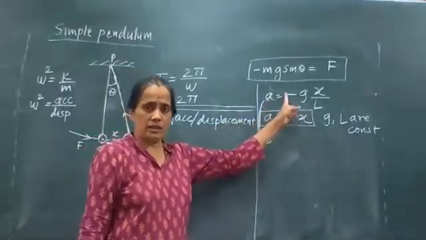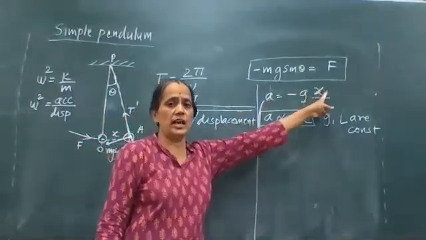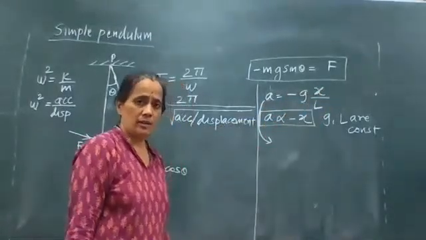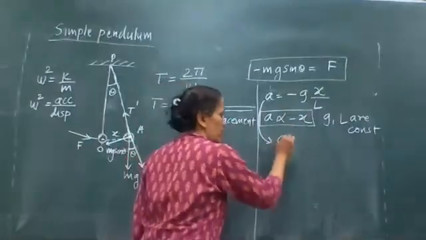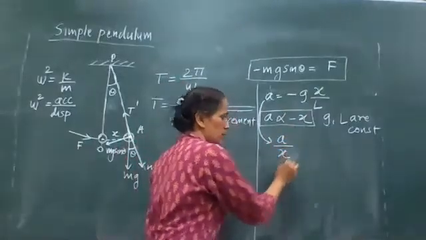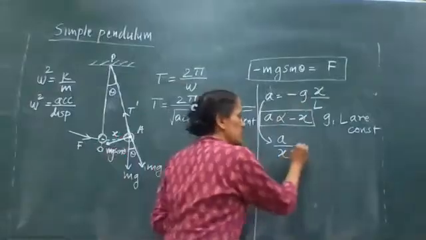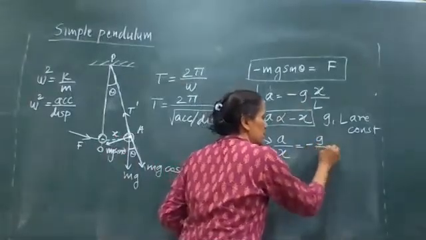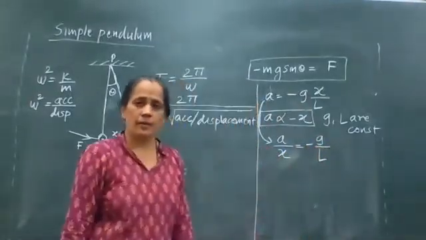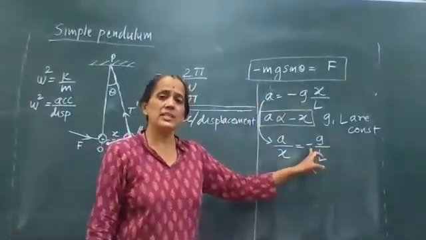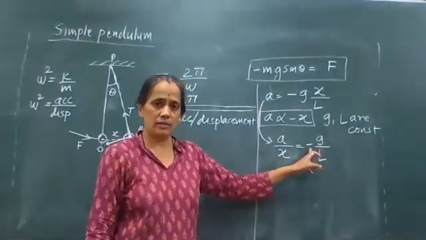Acceleration A is equal to minus g x by L. So from that equation I can write acceleration per unit displacement, that means A upon x. This x I will take for the division, which is equal to nothing but minus g by L. What does the minus sign indicate? Minus sign indicates direction. Right?